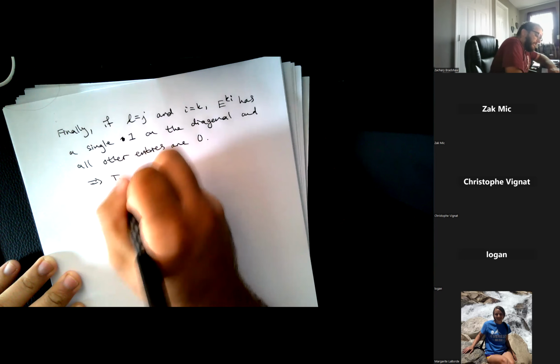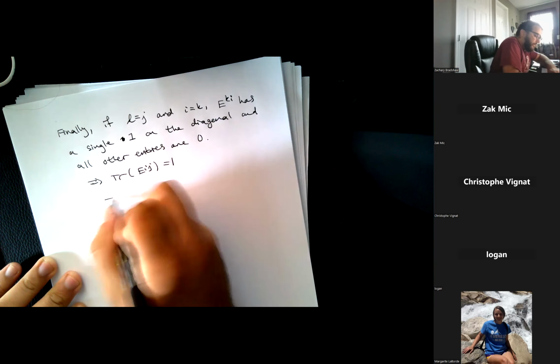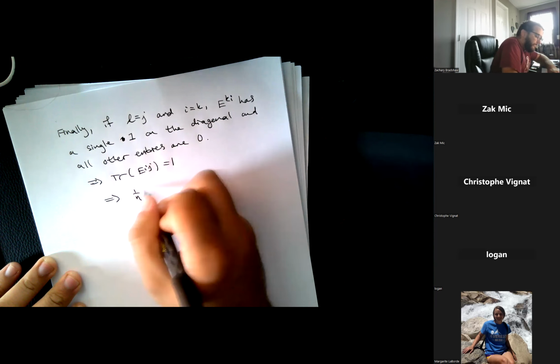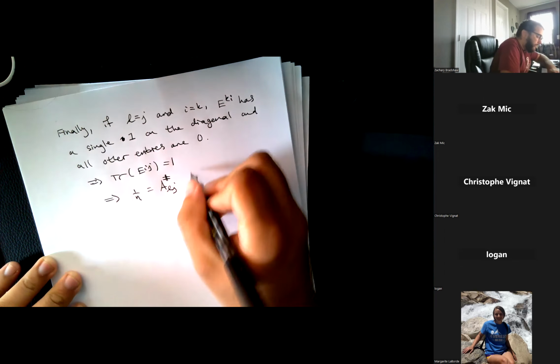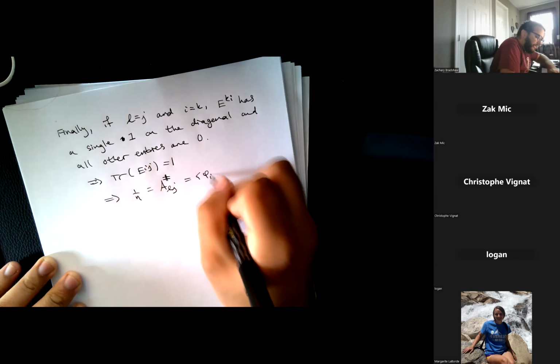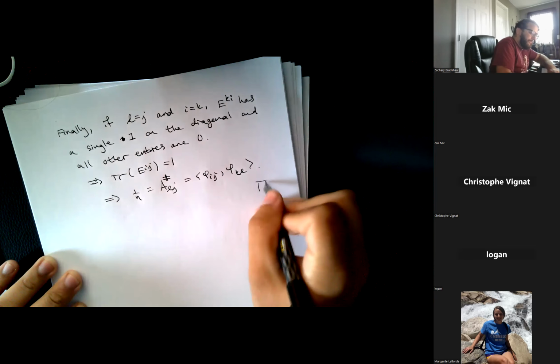That implies that the trace of that matrix must be equal to 1. And so 1 over n is equal to the inner product of phi ij with phi kl. And that completes the proof.